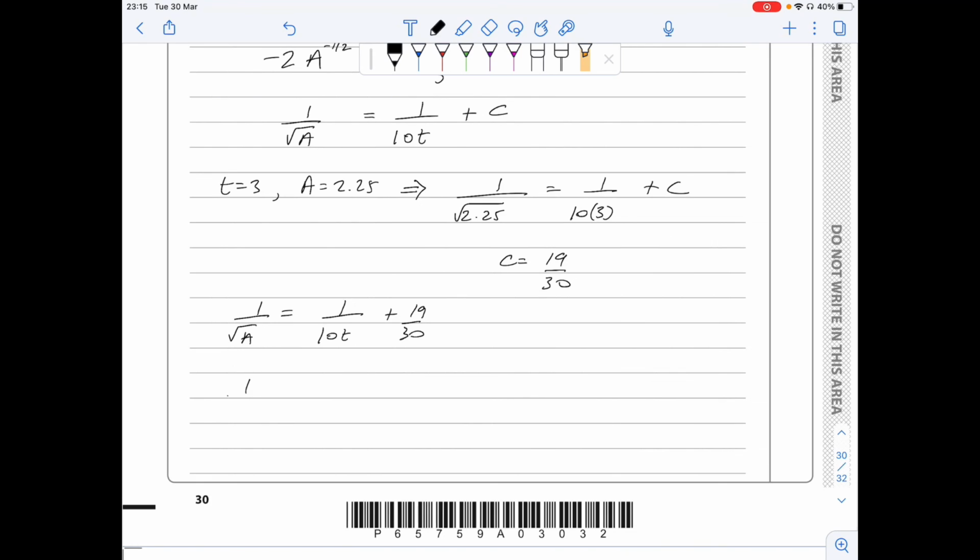I'm going to write this as a single fraction. 1 over square root of A equals (3 plus 19t) over 30t. I can flip this, so square root of A equals 30t over (3 plus 19t). So A is equal to (30t over (3 plus 19t)) squared, as required.